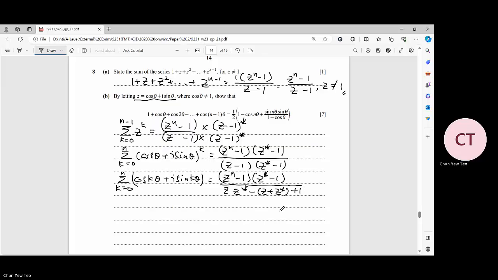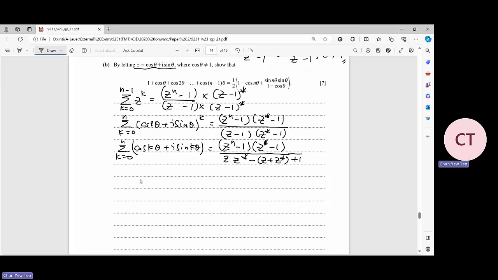If I expand it this way, I need to highlight over here that z is given as this. So the z conjugate is cos theta minus i sin theta. Need to clarify first: z multiplied by z conjugate will give you cos square theta plus sin square theta, which gives you 1.